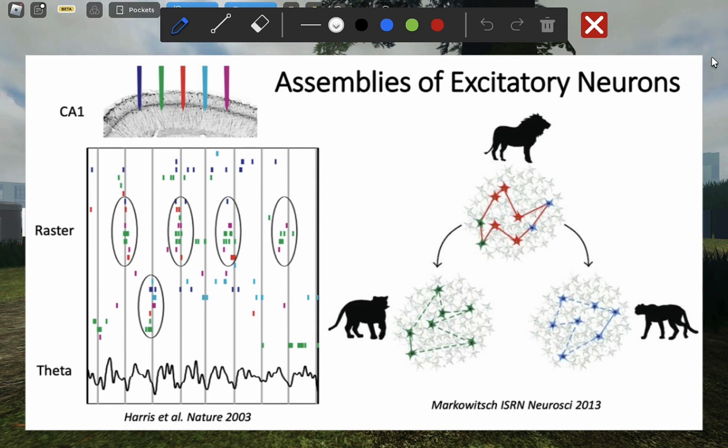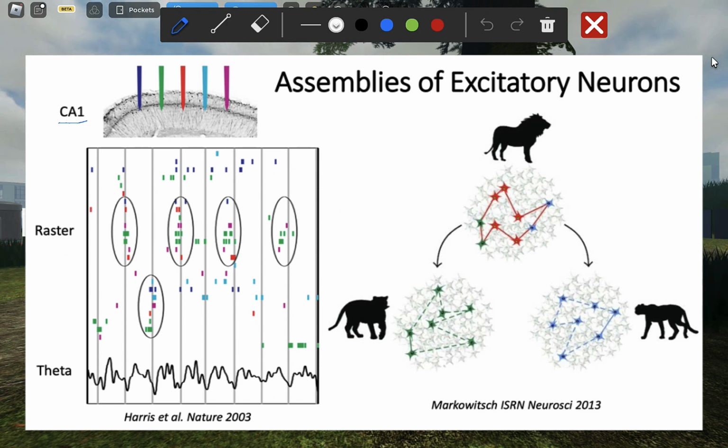So CA1, this thing at the top left of the slide on the right, is an area of hippocampus, probably the most well studied. And here you've got 5 different electrodes picking up electrical signals from these neurons, which are separated by, I think, 50 to 100 microns each, which is quite a long distance in the brain.